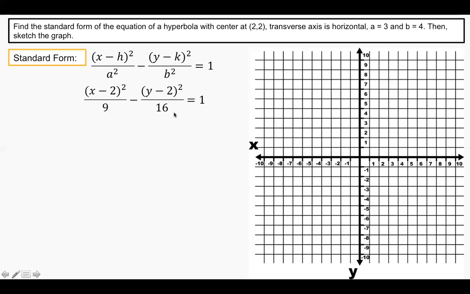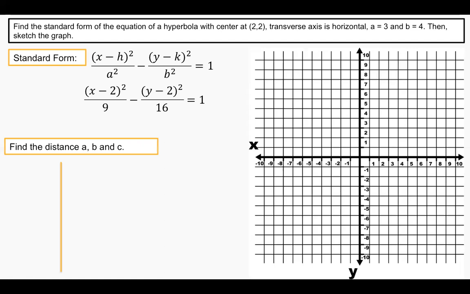also equal to 2. And for us to determine the coordinates of the vertices, foci, and co-vertices, we need to determine the distances a, b, and c. Since a is given as 3, b is given as 4, we will determine the value of c using this relationship: c squared is equal to a squared plus b squared.